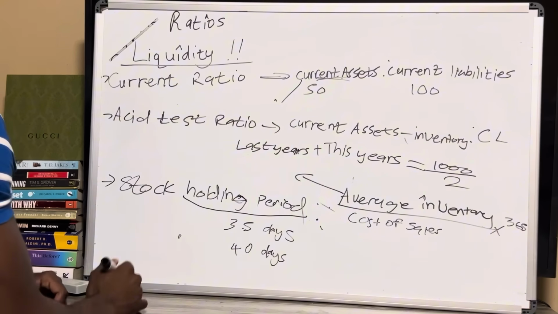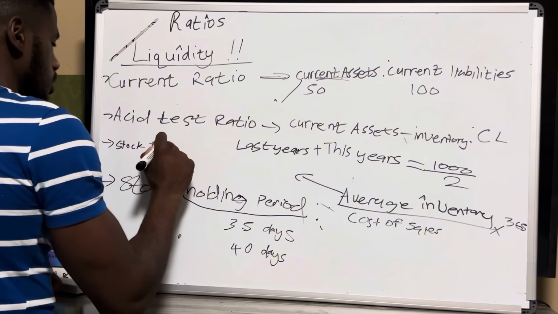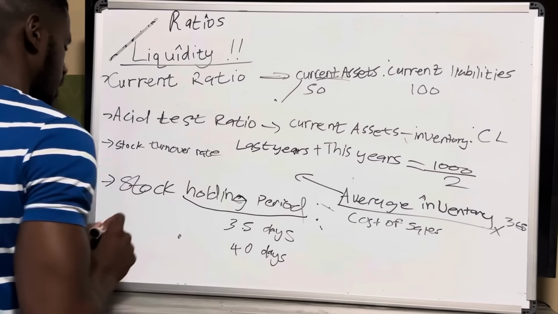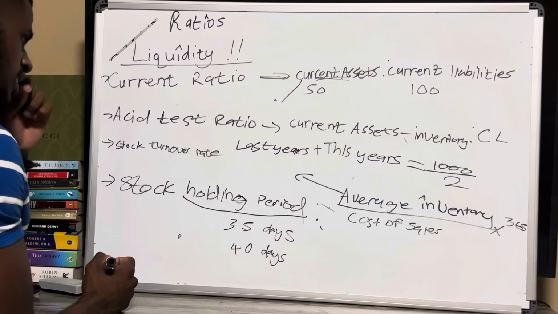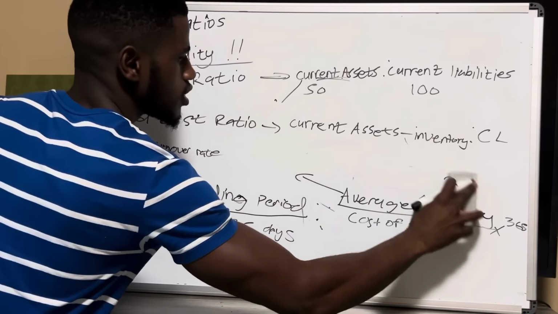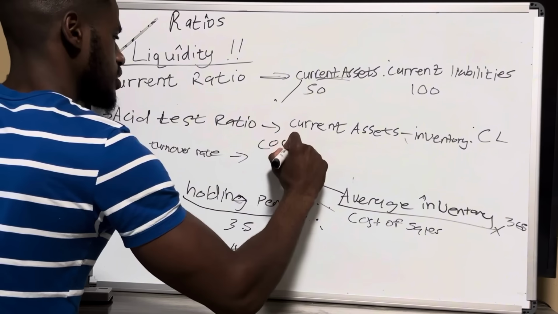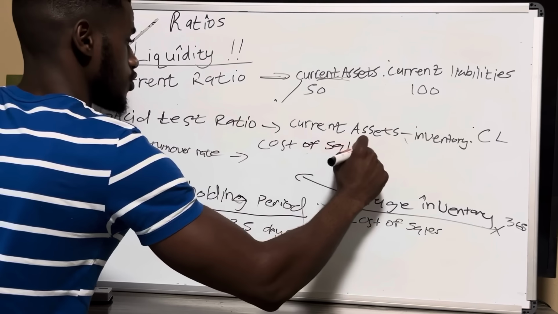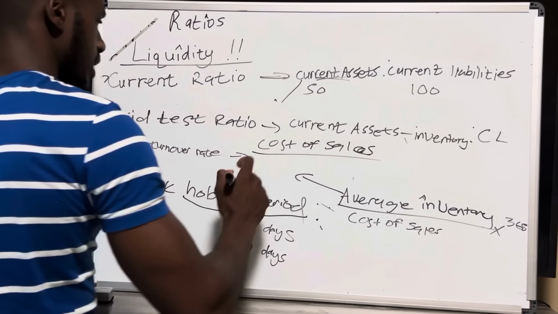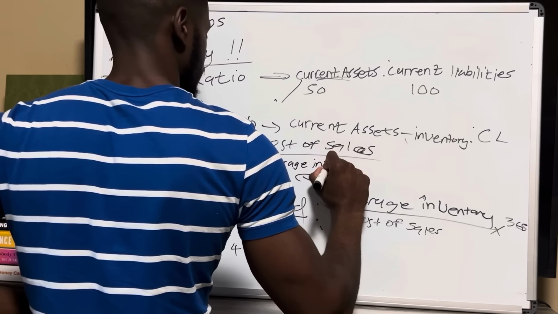Then we have stock turnover rate. Now the stock turnover rate is cost of sales over average inventory.